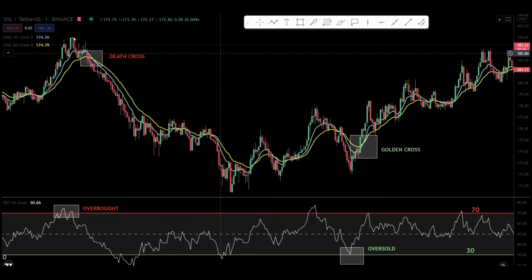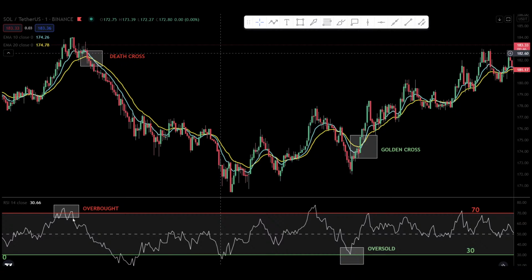You want to begin to think about exiting your trade when the RSI crosses back below the 70 line. You're only thinking about it because it's just a momentum indicator.